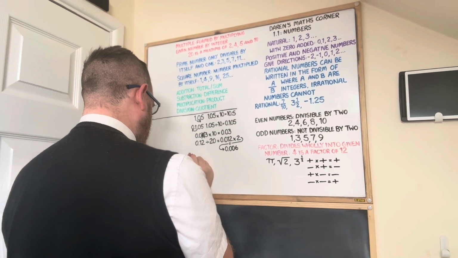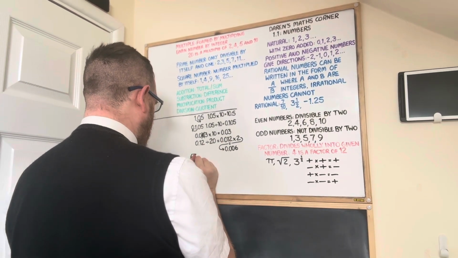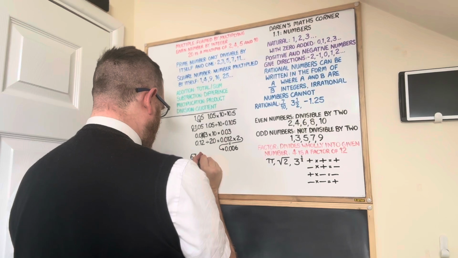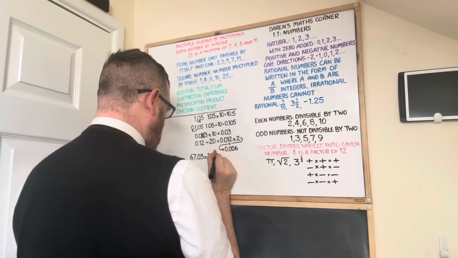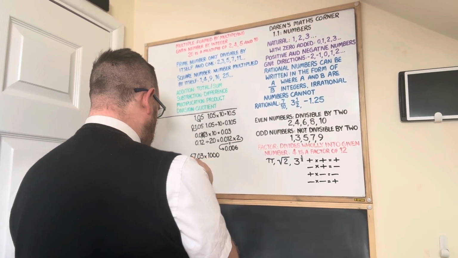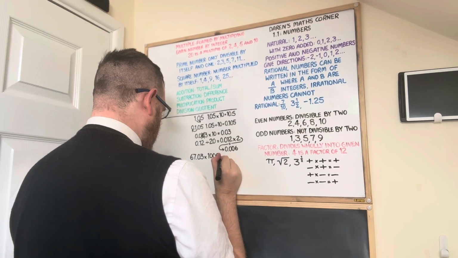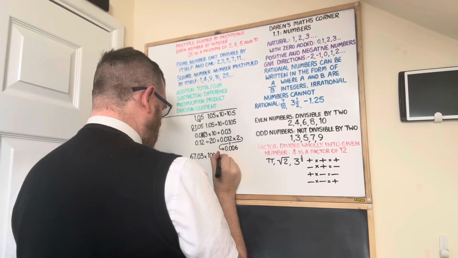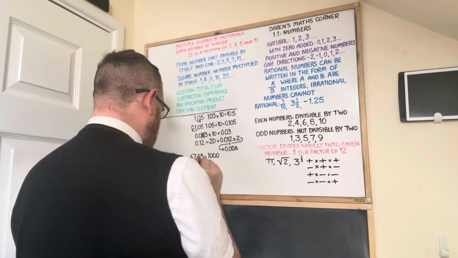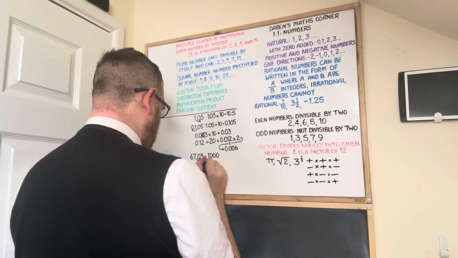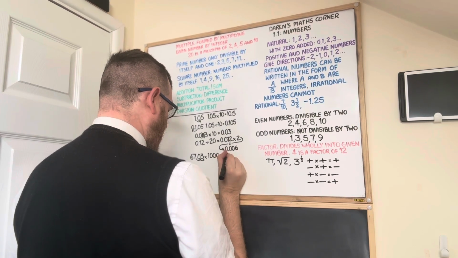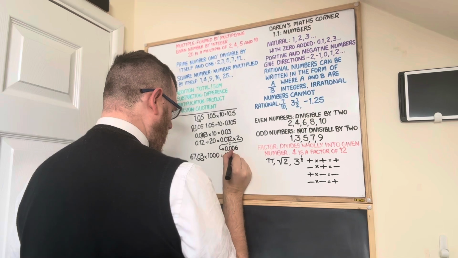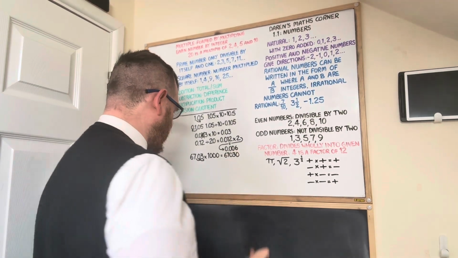The next one is 67.03 times 1,000. 1, 2. You go 1, 2, and 3. Again, I think I ought to double check that as well.